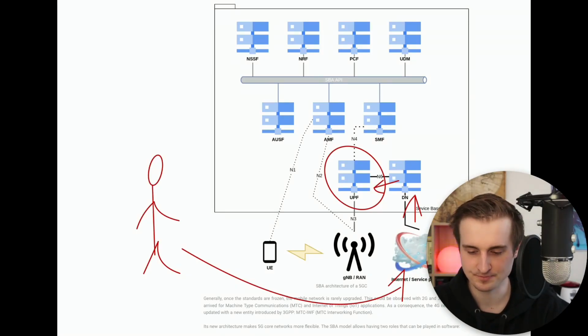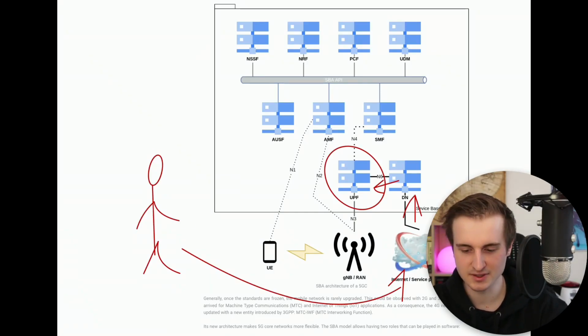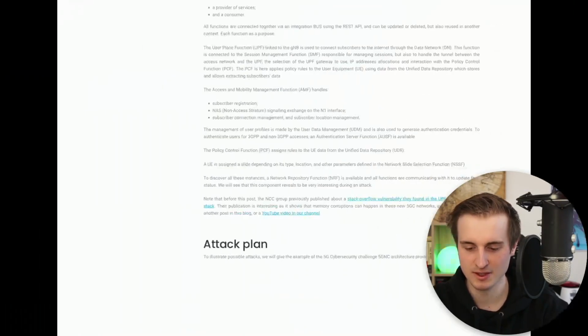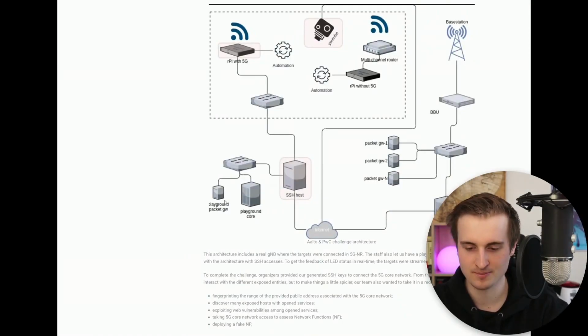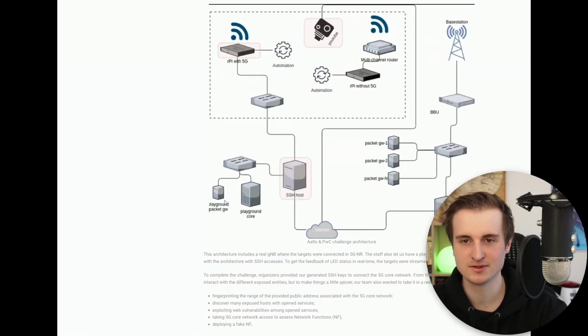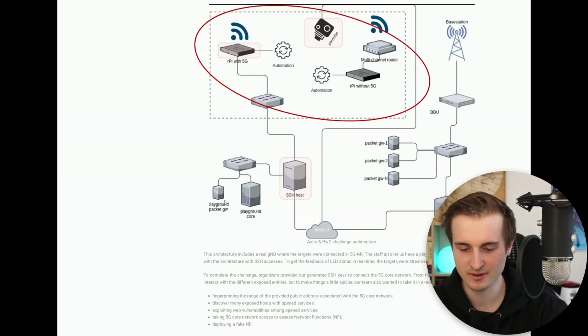There are some ways to do that. For example, in the 5G cybersecurity challenge that we took part in, targeting the PwC and Aalto challenge, we needed to reach some devices that were in here, but we needed also to attack from the outside.